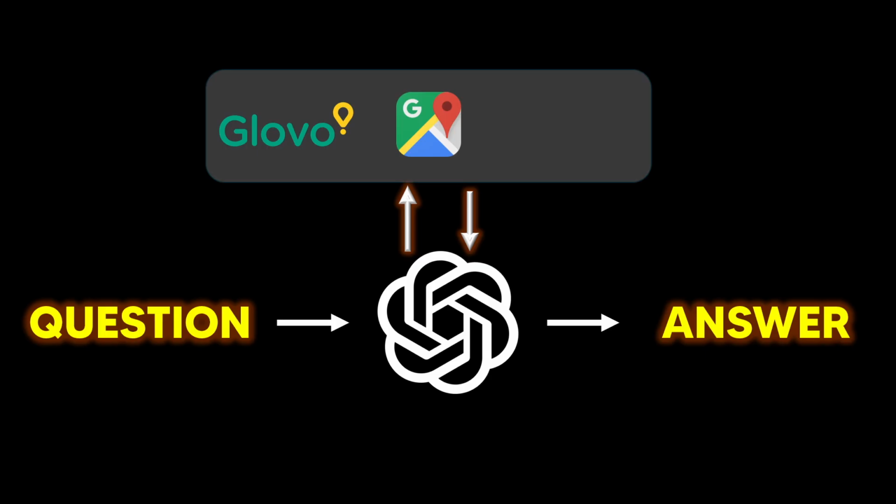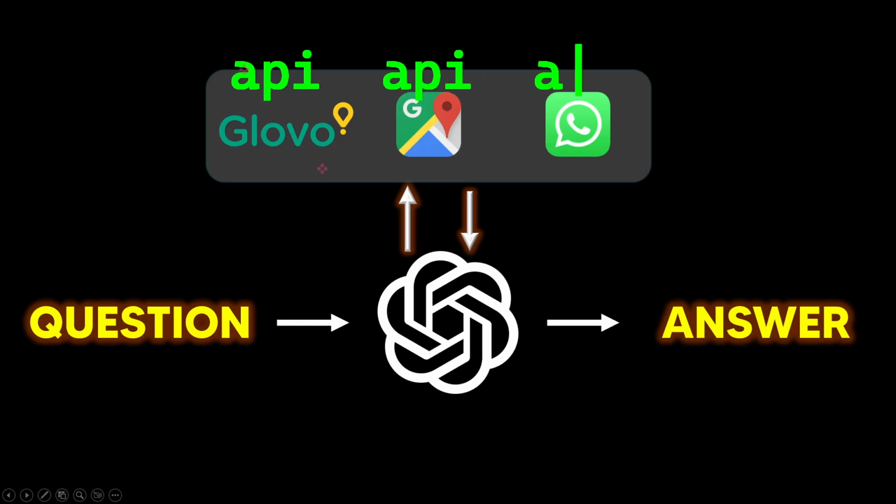So you can see I'm adding two applications that it should connect to. Okay, and then let's say I can also add my WhatsApp, for example. And then when it's done finding the nearest place, it can simply send me a message on my WhatsApp, right? That's just what the workflow is. So you can see I've connected three different applications here: Glovo, Google Map, and also my WhatsApp, right? And to connect all of this, you need APIs from each of these different applications.